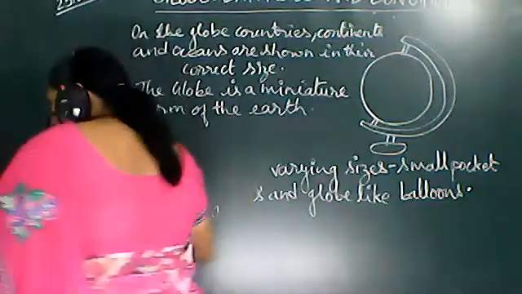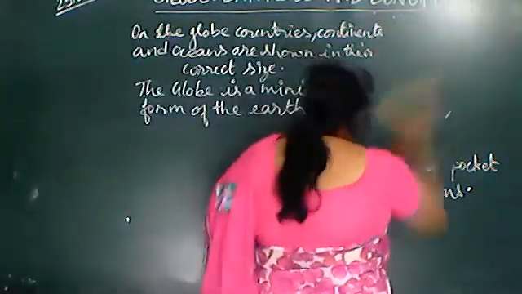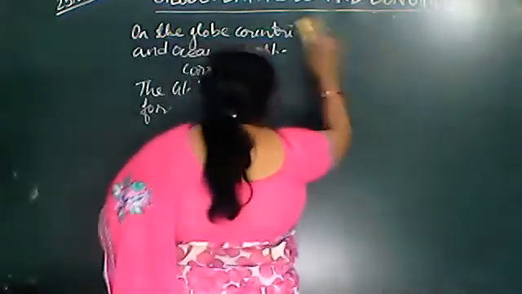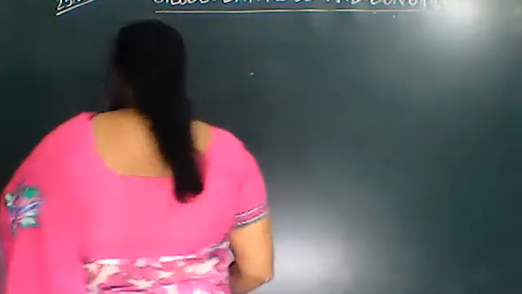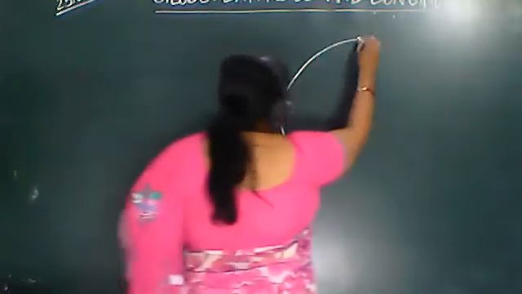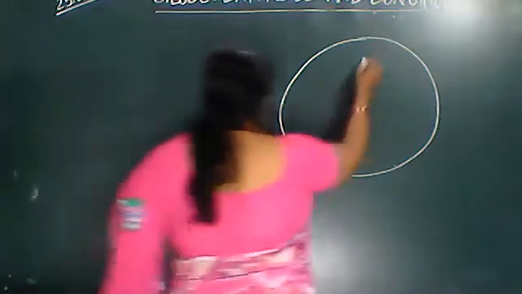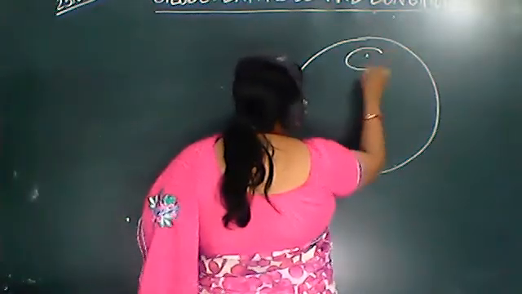Now let us try to understand what are latitudes and what are longitudes. When we come to latitudes, if you look at the figure, there is a figure in your book and it is somewhat like this.